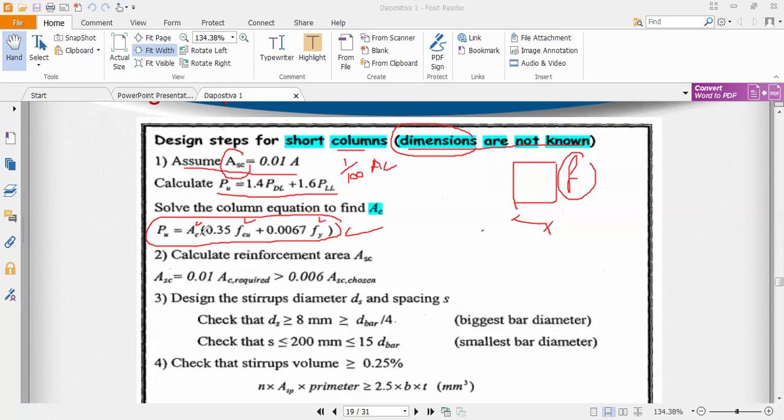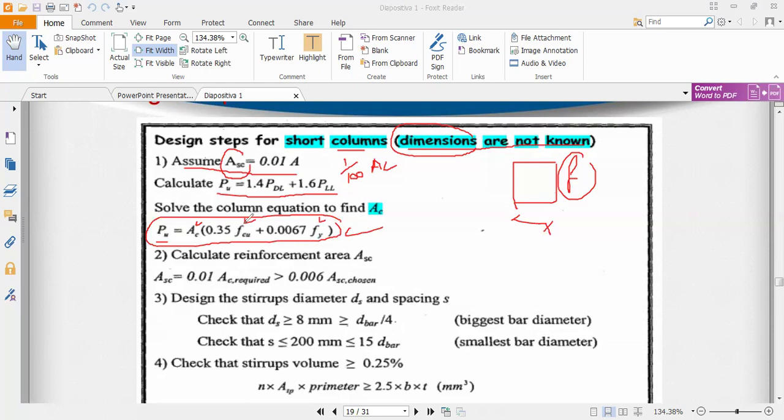You should maintain this. P ultimate is equal, per the EC practice, to 0.35 FCU Ac plus 0.67 Fy As. You should maintain these equations to solve our problems.